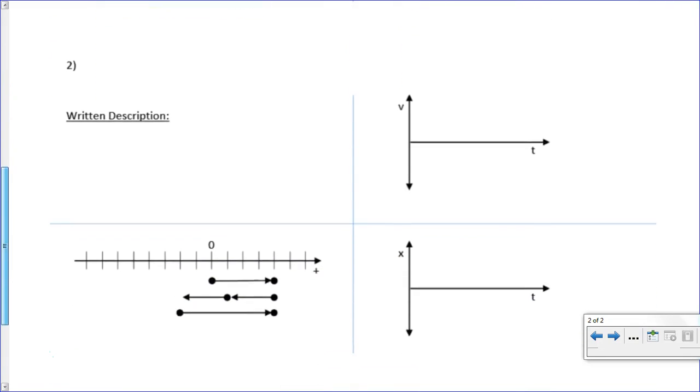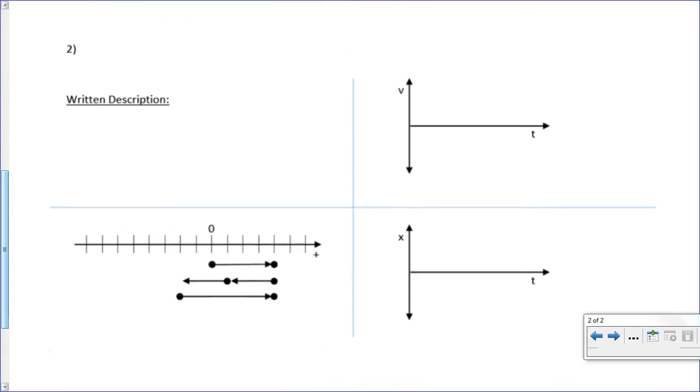Going down to this next one, this is pretty complicated, so leave yourself some room to write here. It starts off, it has an initial position of 0. An object has an initial position of 0.